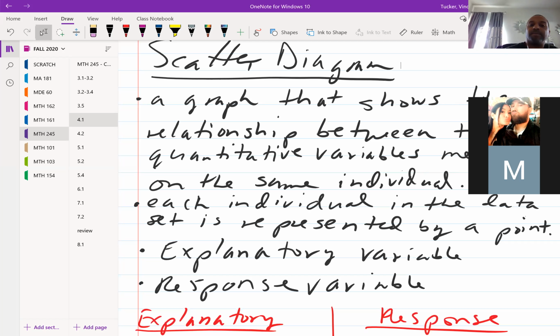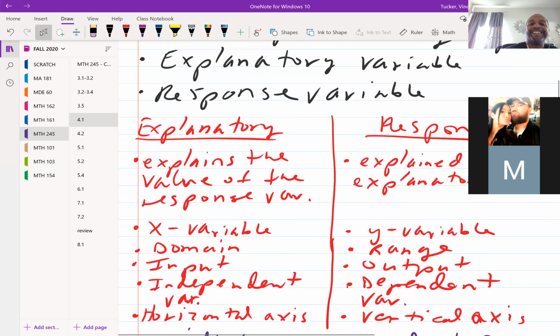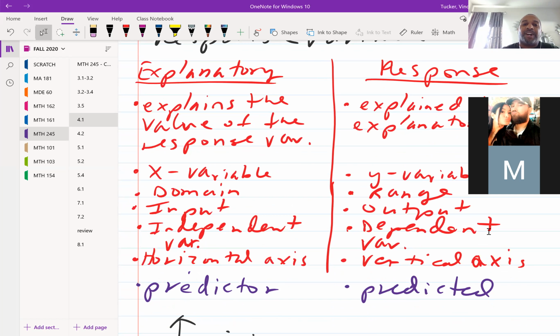I'm good, Mr. Tucker. Okay. All right. Difference between your explanatory variable and your response variable. Explanatory explains the value of the response variable, and the response variable is explained by the explanatory. I'll show you an example in a second.